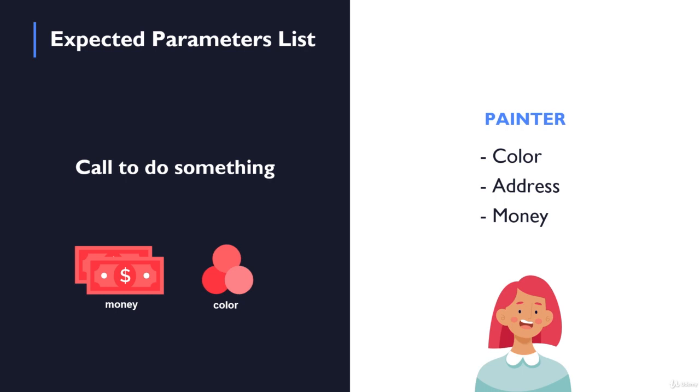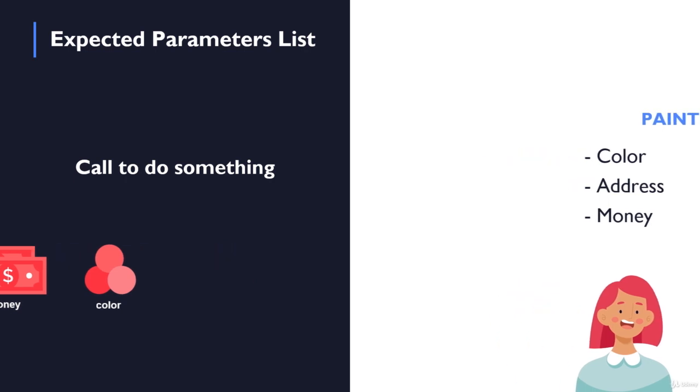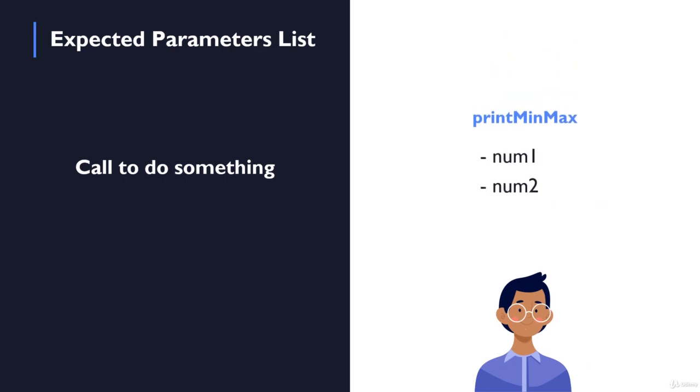Or let's talk about another example where we have a function to print the minimum and the maximum between two numbers. The function in this case definitely should receive two numbers as parameters, so num1 and num2. And basically once it receives two numbers, it will print the minimum and the maximum between these two, num1 and num2.